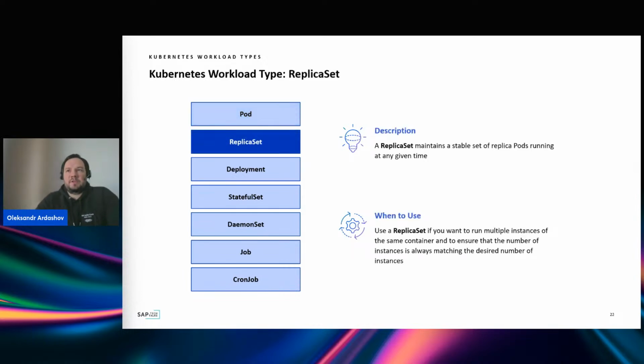Another type is replica set. With replica set, we can define that we need services 1, 2, 3, 4, 5 up and running, and if we need to scale, then we don't need to redefine services 1, 2, 3 and their relationships.